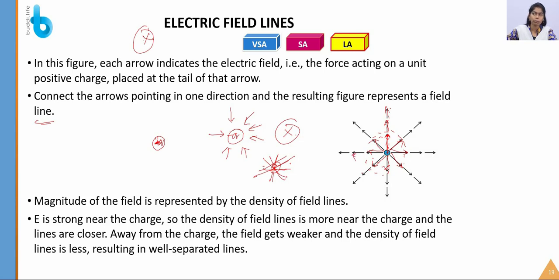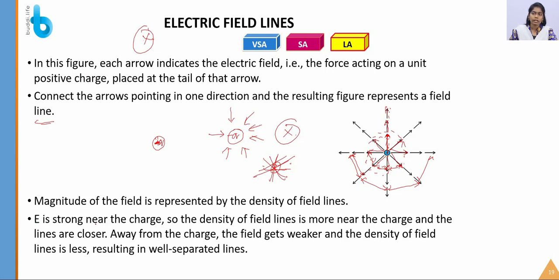It depends upon the density of the field lines. For example, if there is more distance between the lines, it has a low electric field. If there is a very short distance between the field lines, it has a stronger electric field. So this is the concept that you have to remember.